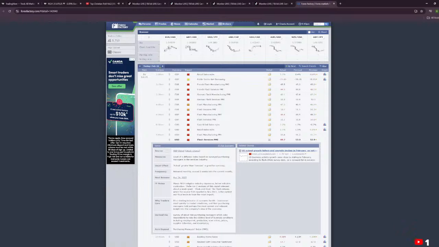Above 50 indicates industry expansion. Below indicates contraction. There are 2 versions of this report released about a week apart, flash and final. Oh, okay, so do we have final PMI next week?